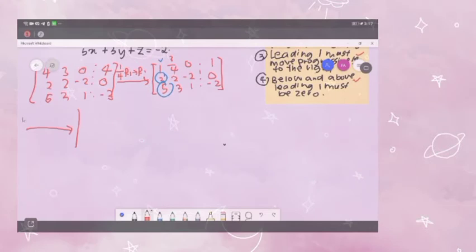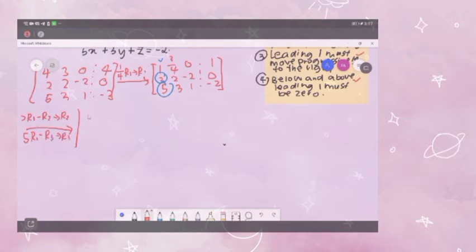So we will do the ERO simultaneously for row number 2 and row number 3. So 2 times row 1 minus row 2, and we will put it in row 2, and 5 times row 1 minus row 3, and we will put it at row 3.